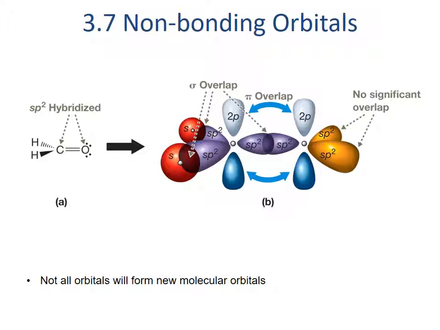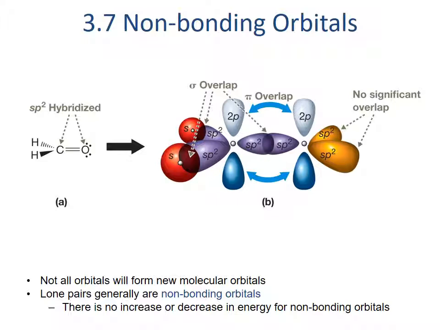It is important to note that while many hybridized orbitals of an atom will become molecular orbitals, not every atomic orbital has the correct energetics or orientation to form a new molecular orbital. Lone pairs tend to not have formed any molecular orbitals, which makes sense since they don't participate in any bonds. We call them non-bonding orbitals.